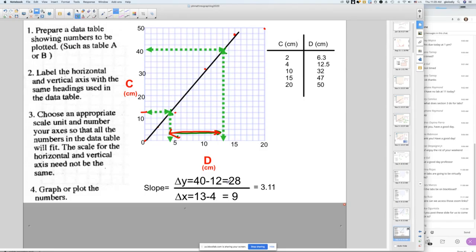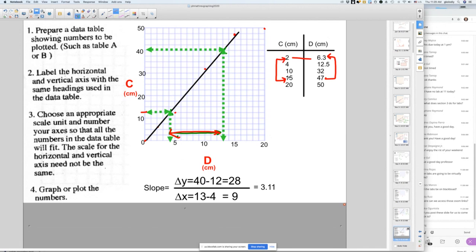Do not use data from the points to calculate the slope. You can say, oh, I'm just going to use this and this. No, please don't. Do it from the line of the graph.